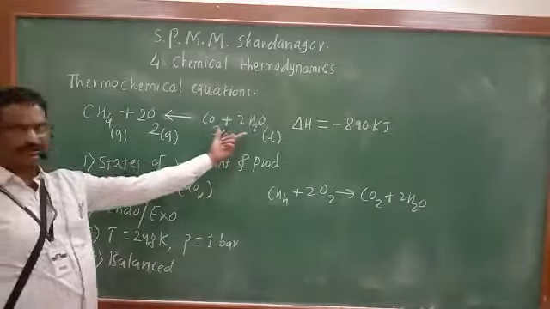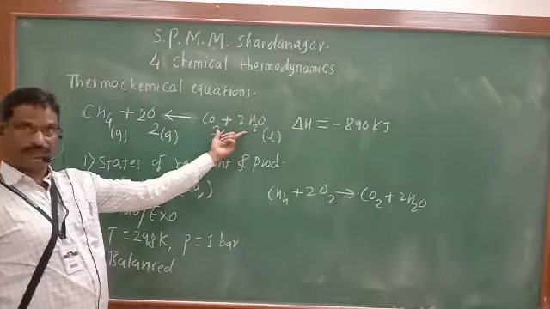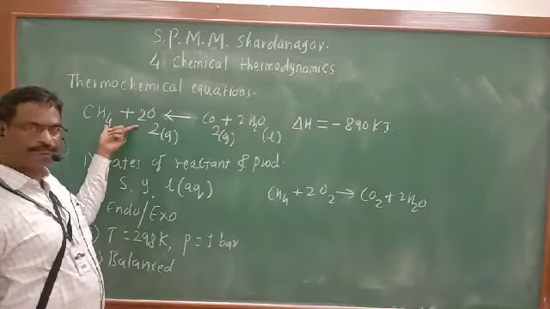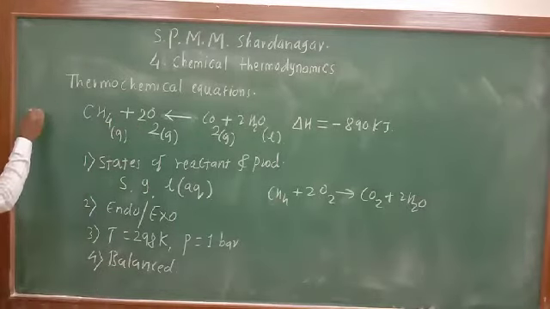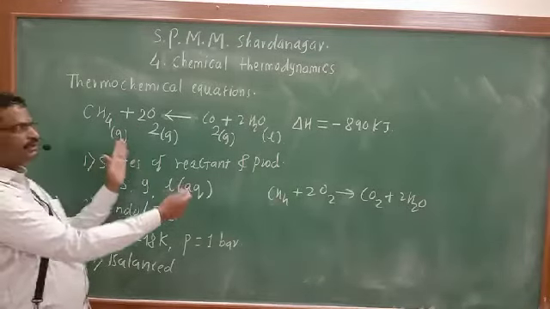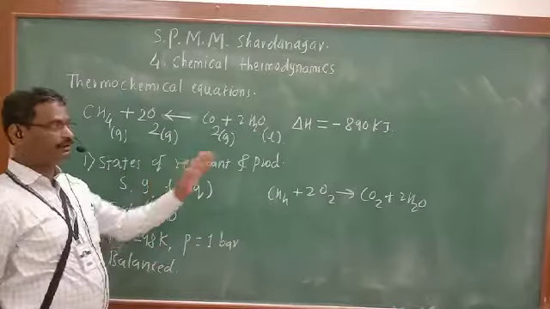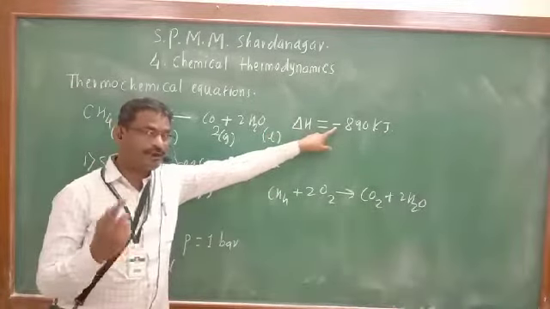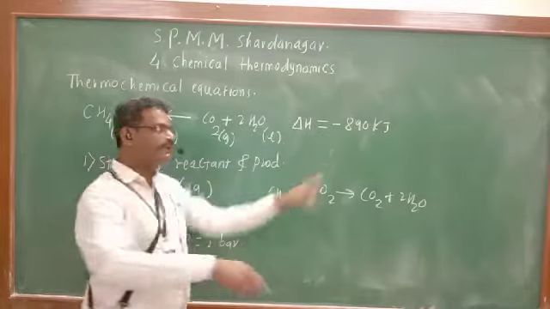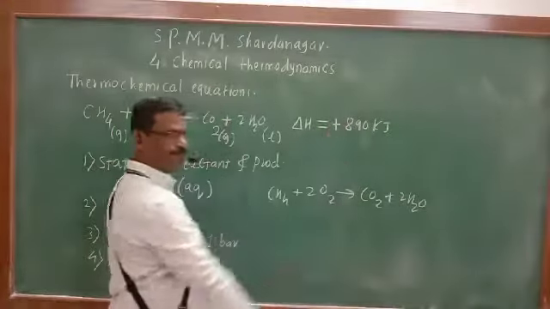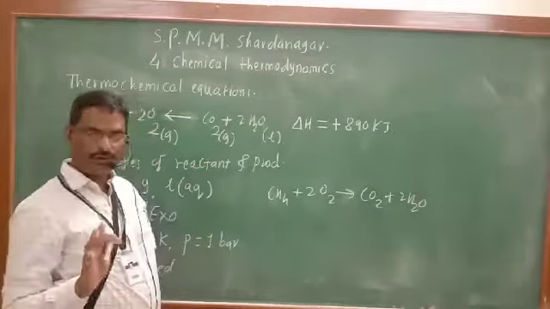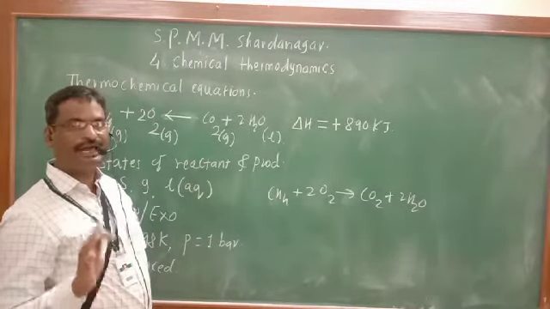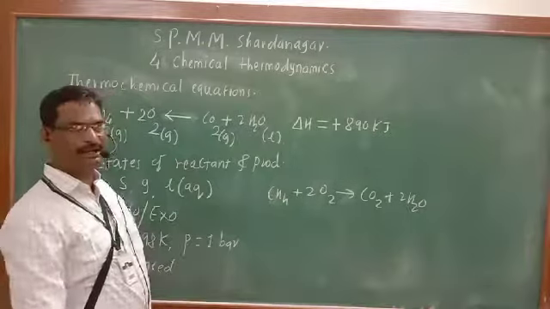At that time, these are the reactants and these are the products. So for this backward reaction now, what is delta H? Is delta H now negative or positive? It is positive.